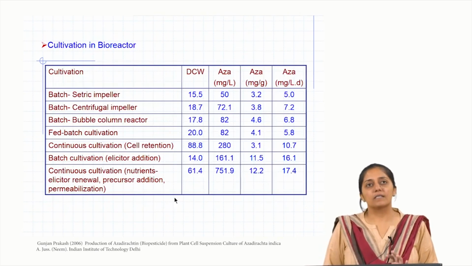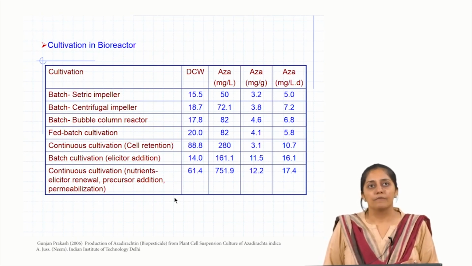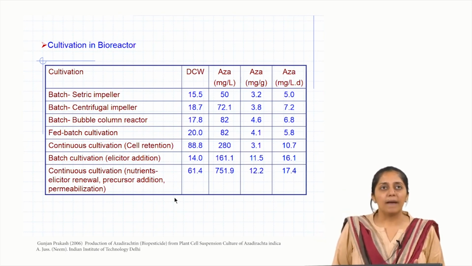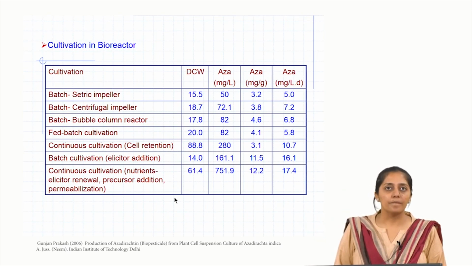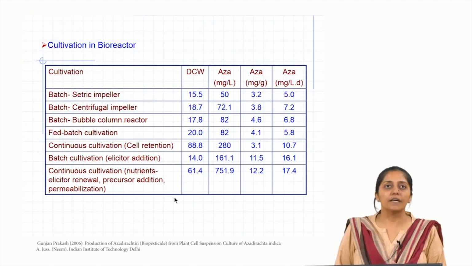If you see a snapshot of how the productivity improved in different modes of cultivation, when they did batch with a cetric impeller, the productivity was 5. When they did batch with a centrifugal impeller, which had improved mass transfer and mixing time characteristics, the productivity improved to 7.2.